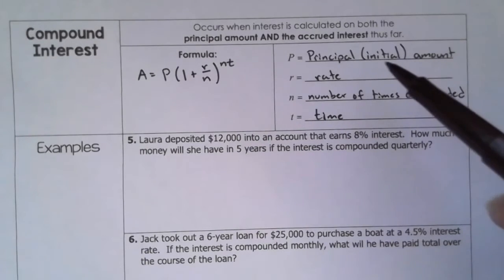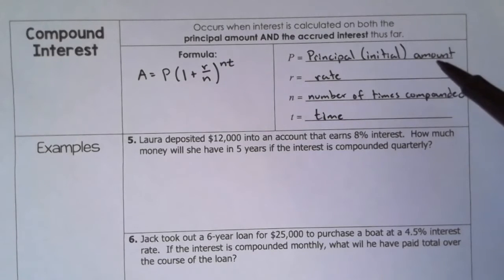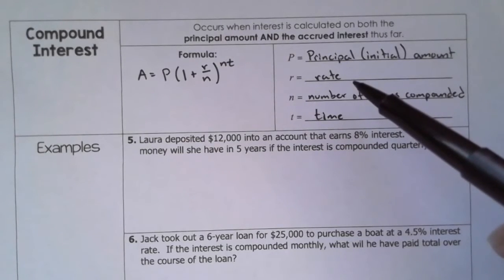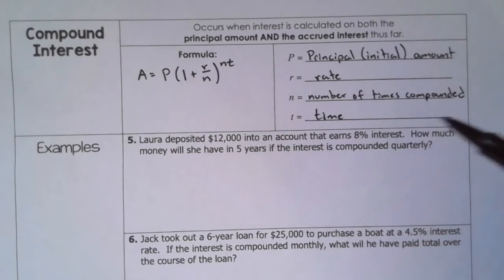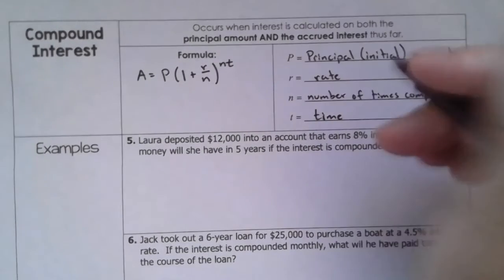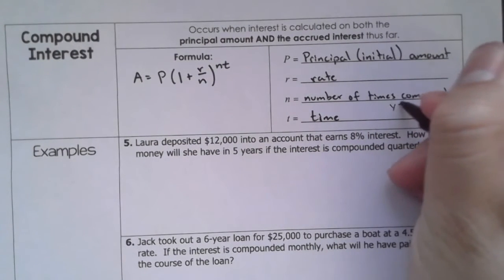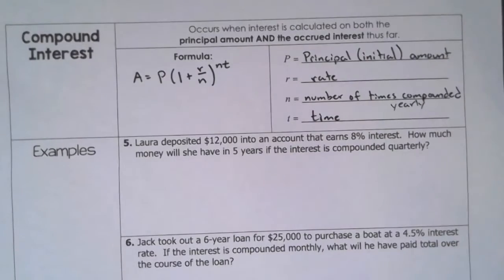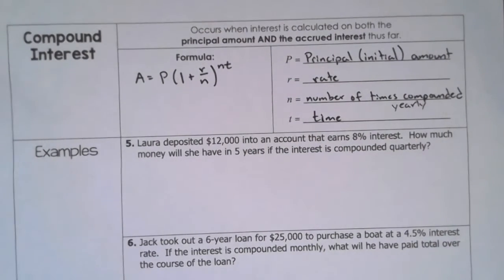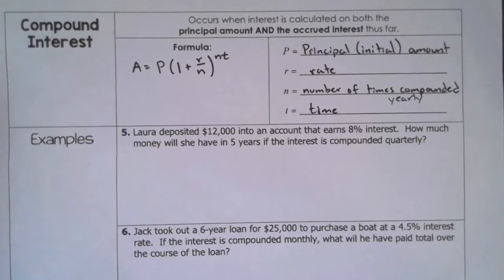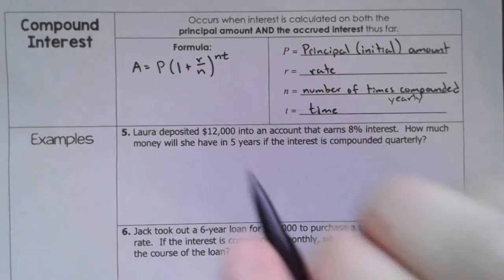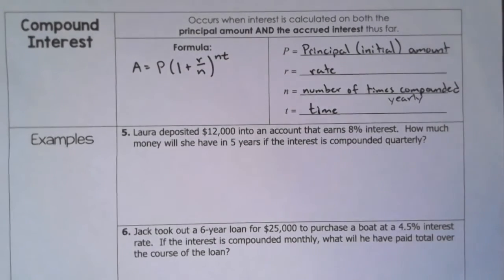So P is your principal or initial amount, R is your rate, N is the number of times compounded. This should say, well, yearly, and finally T is time. So it's just more things you have to keep track of plugging in, but it works the same way as the previous two.